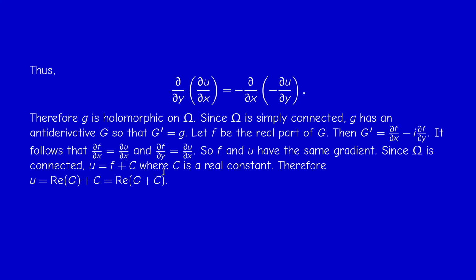And that's it: u is the real part of capital G plus c. We know that G is holomorphic. Therefore, we started with the harmonic function u, and we proved that u is the real part of a holomorphic function, G plus c. That's it.